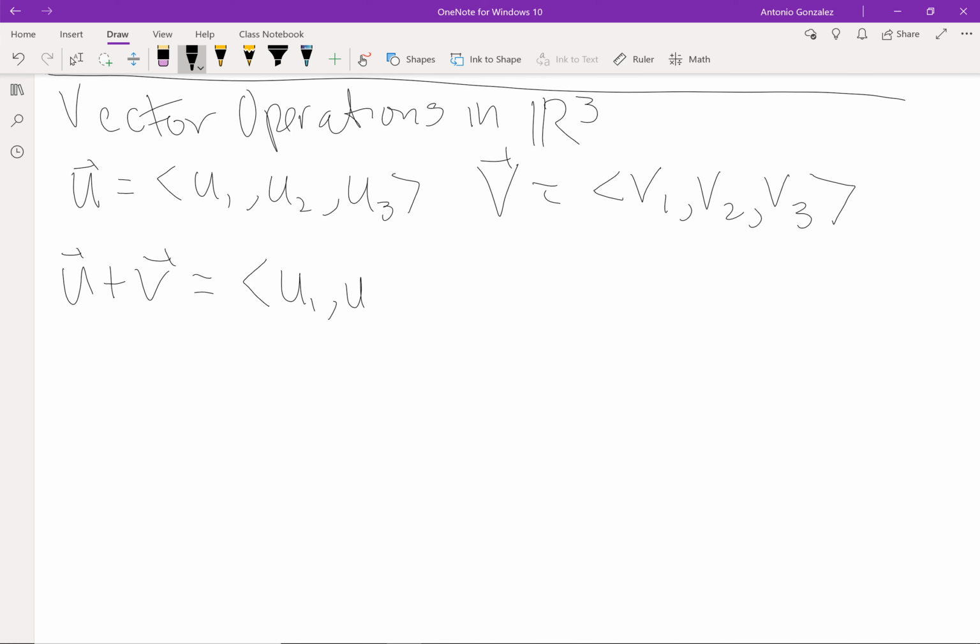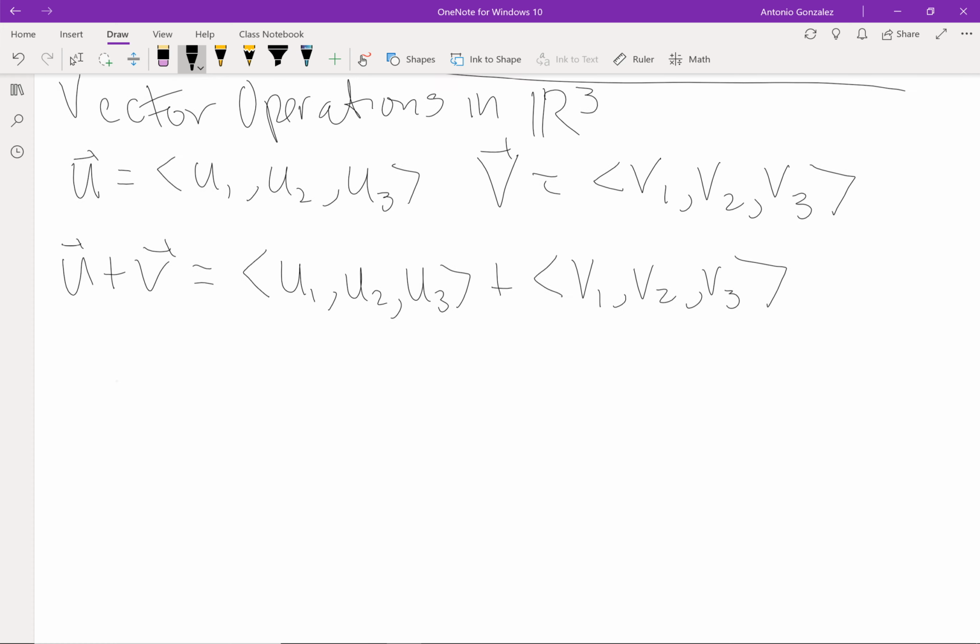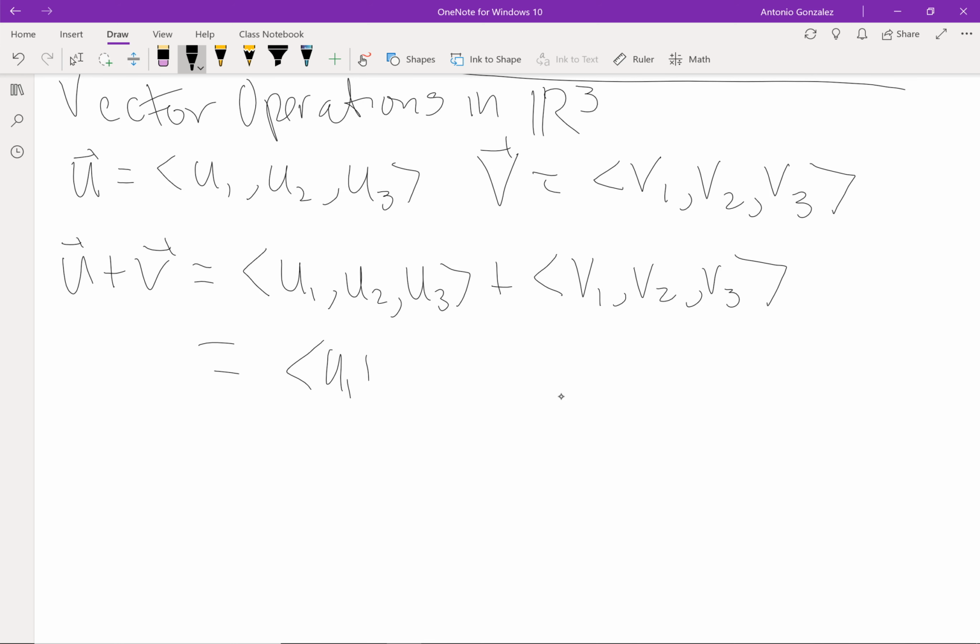It's similar to the way we did this in R2, where the way we would calculate this would be to add the x components together, the y components together, and the z components together.